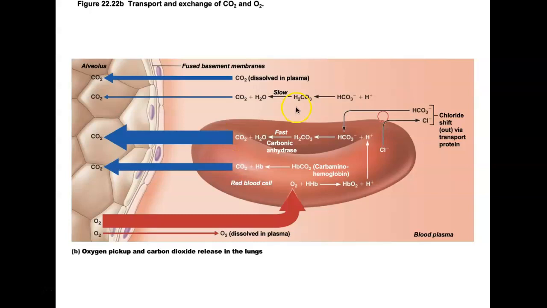Bicarbonate then re-enters the red blood cell, and chloride moves out into the plasma and binds with a proton to form carbonic acid. Carbonic anhydrase then splits carbonic acid to release carbon dioxide and water. This carbon dioxide, along with that released from hemoglobin and from solution in plasma, then diffuses along its partial pressure gradient from the blood into the alveoli.